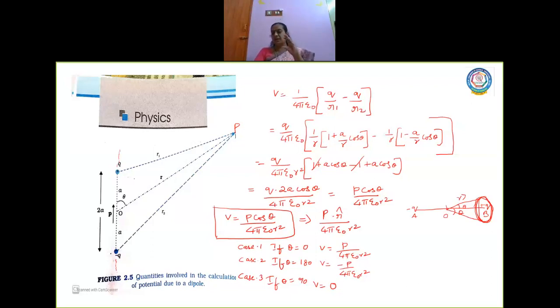When you keep the value of theta fixed and rotate the position vector, whatever points are there in this cone, all will have the same potential. So you can say that it is axially symmetric. Okay, so this is a very important point.